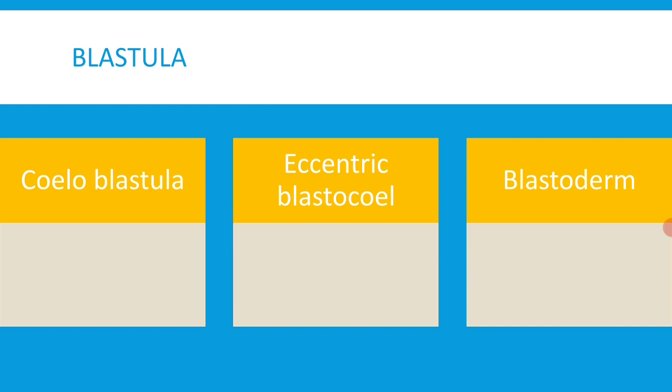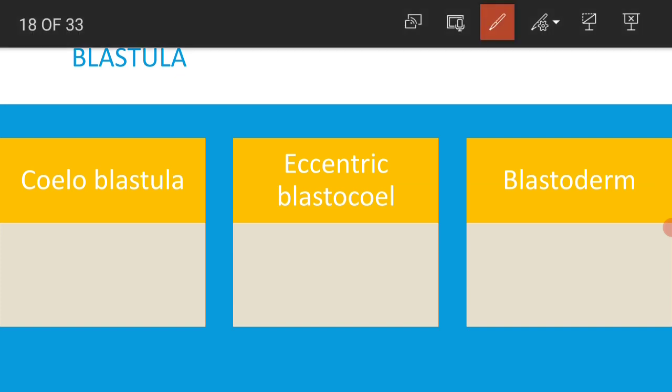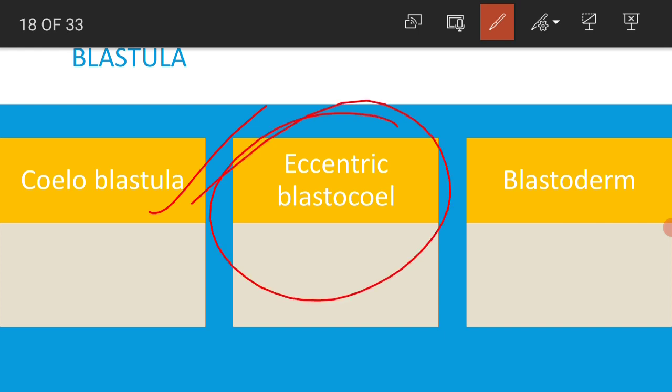And blastula is formed, and this blastula, because of one cavity, is also called coeloblastula, and this cavity is present in the animal pole region. As a result, such blastula is called eccentric blastula. Eccentric blastula is one which has got eccentric blastocoel. Eccentric blastocoel is the blastocoel that is not formed in the center, that is formed in the animal pole.